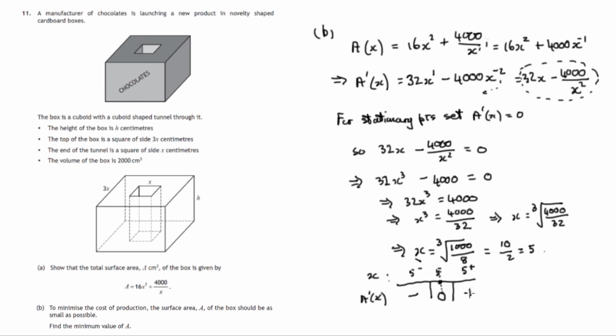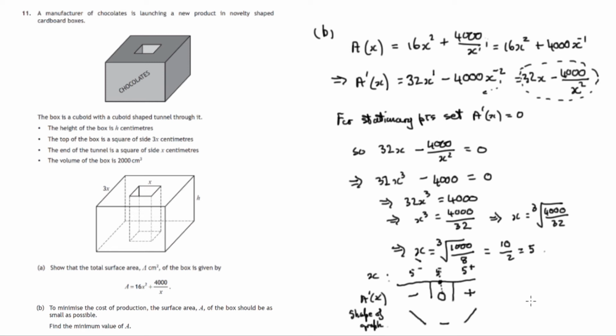Again, check on your calculator by putting 6 in, for instance, and you'll get a positive answer. So we're looking at the shape of the graph now as negative gradient, so it goes down, 0 gradient at x equals 5, and then positive gradient goes back up.